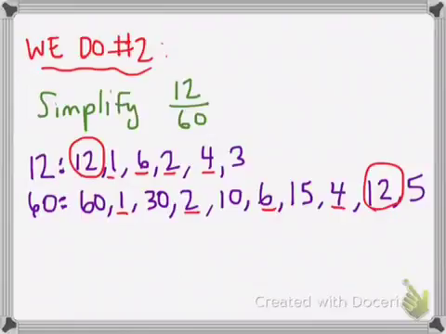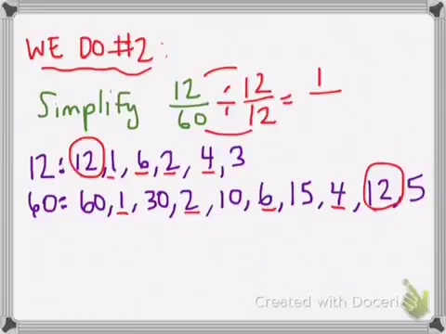But the greatest common factor here is 12. So then I divide, step 3, divide the numerator and denominator by the greatest common factor. So I divide both the numerator and denominator by 12. I know that 12 divided by 12 is 1. 60 divided by 12, I know, is 5. So 12/60ths, if I were to simplify it, would be 1/5.